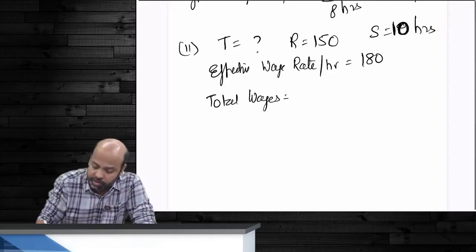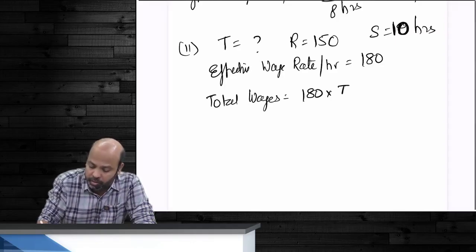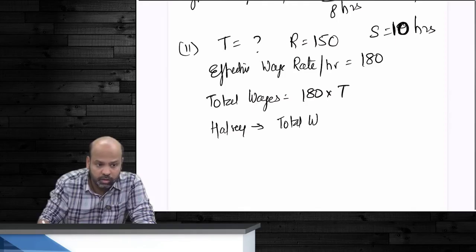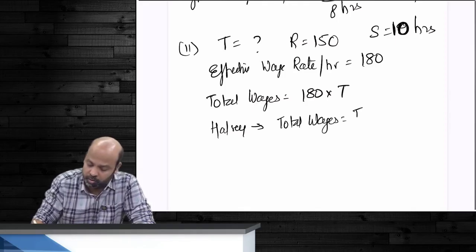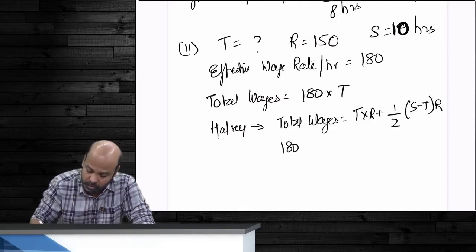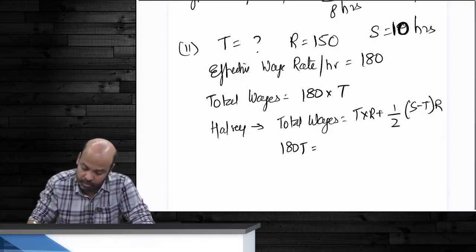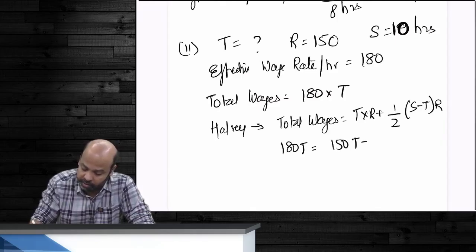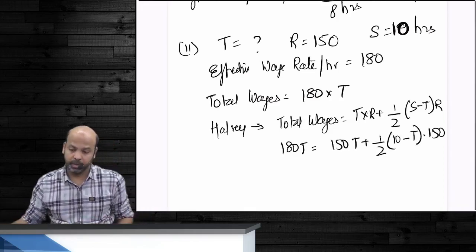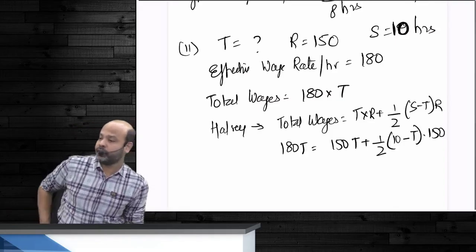Total wages should be 180 into T. Use the formula of Halsey scheme, guys, and get the amount. 150 T plus half of 10 minus T into 150. This is what you're going to do, guys, to get the answer.